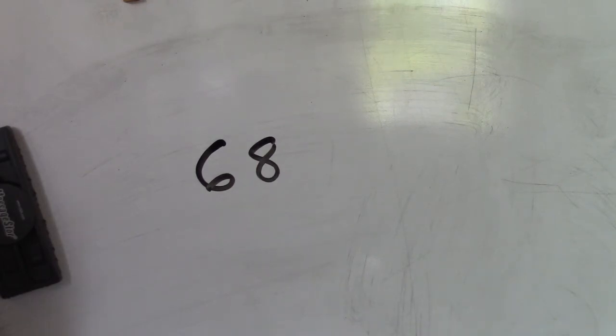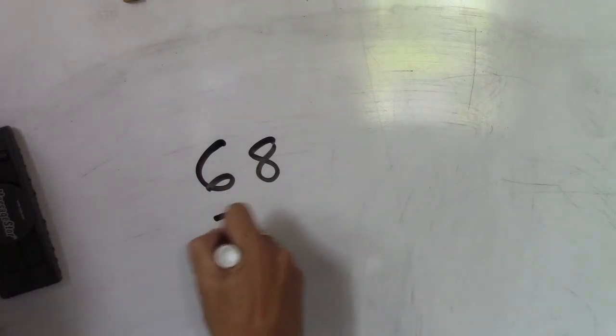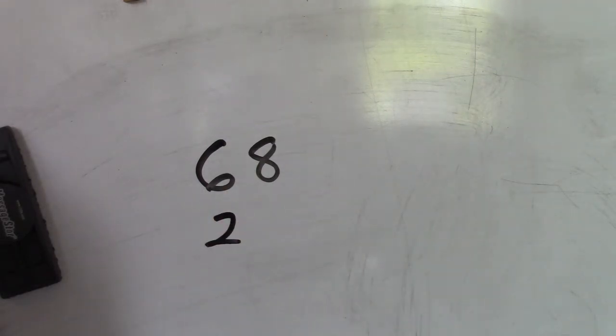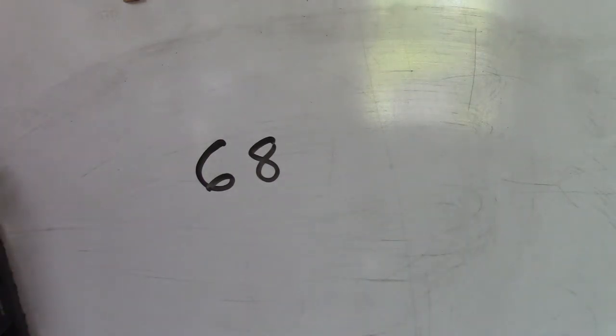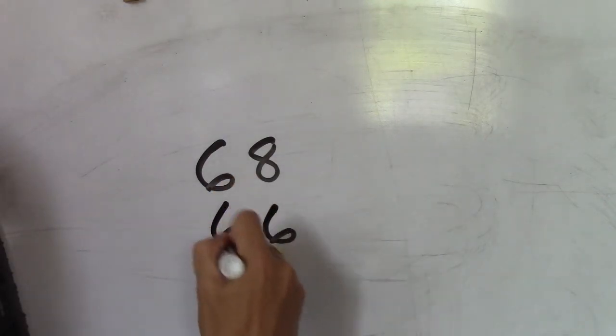All right, roll one more time. Just roll 1 die. 6. Then roll another die. 6. Oh my goodness. All right, let's do 66 times 68.